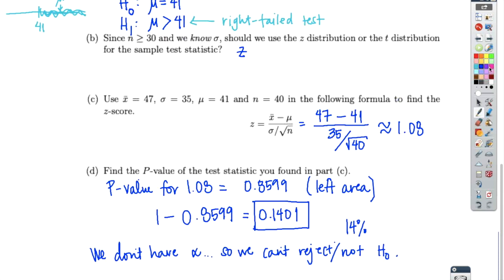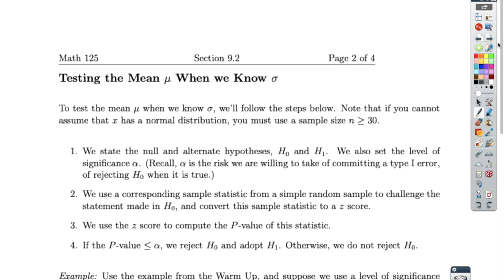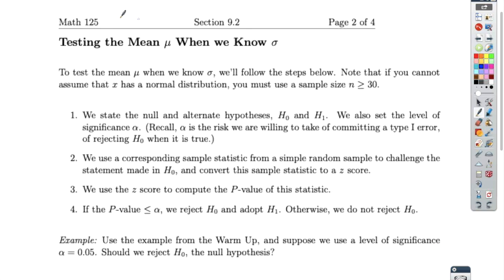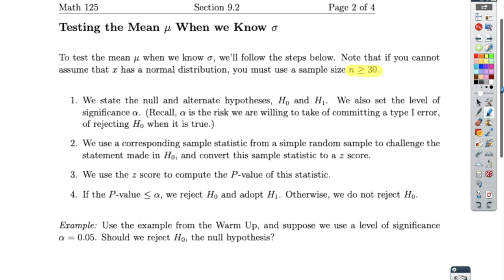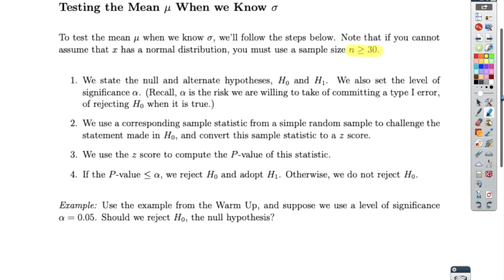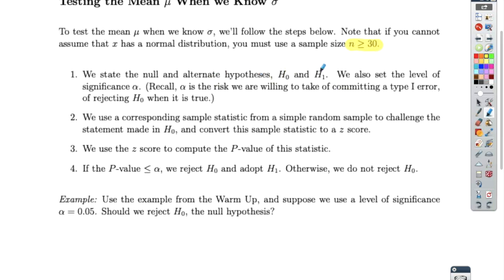Okay, so just to summarize what we're doing, when we know sigma and remember the sample size has to be greater than or equal to 30, we state our null and alternate hypotheses, and we state the level of significance. This has to be given to us in the problem. We compute the z-score.